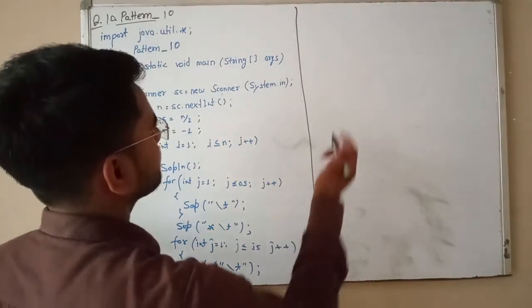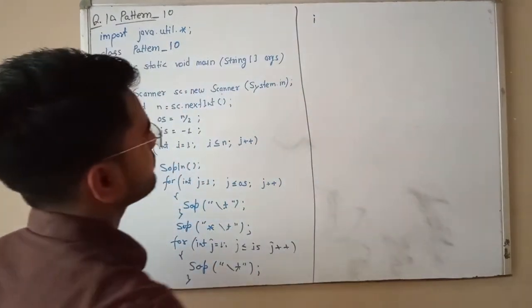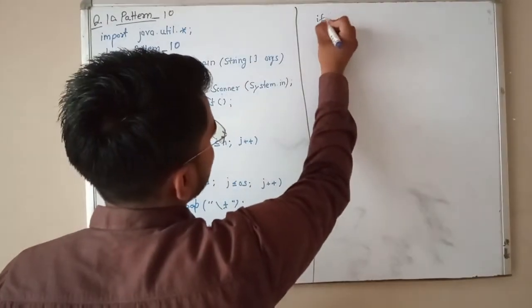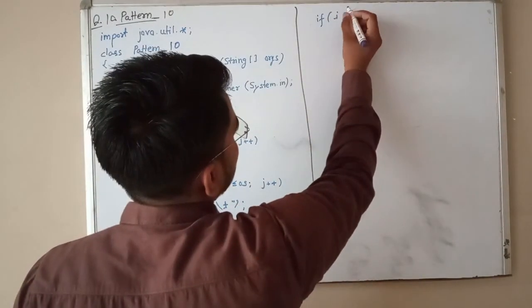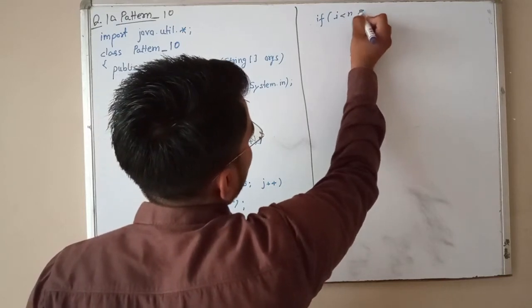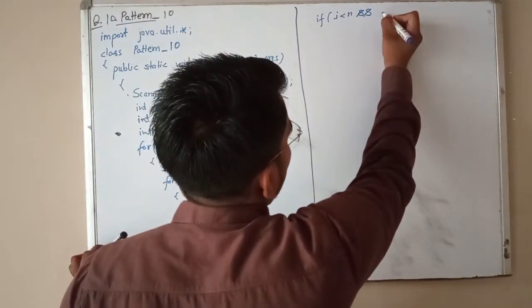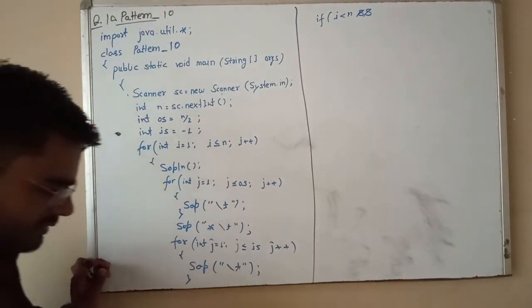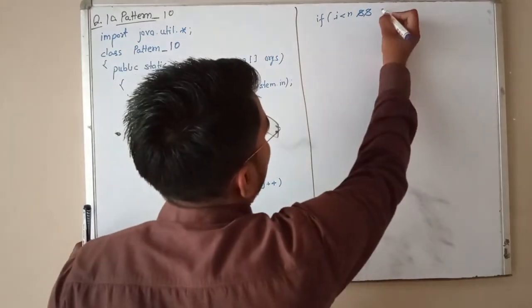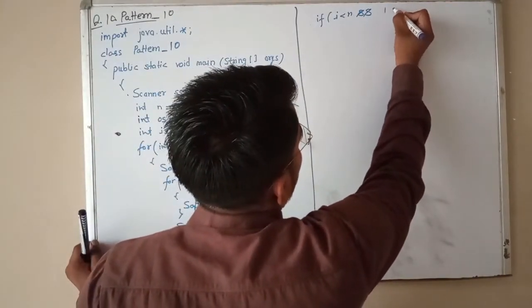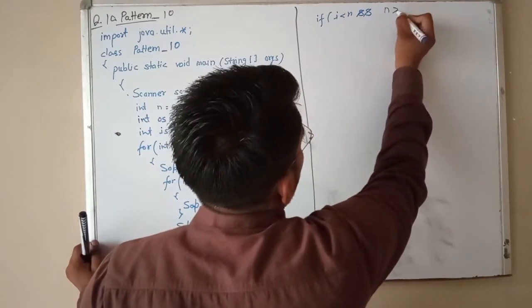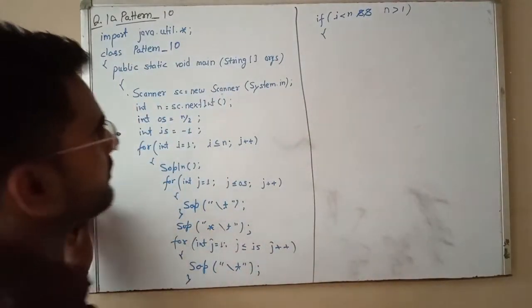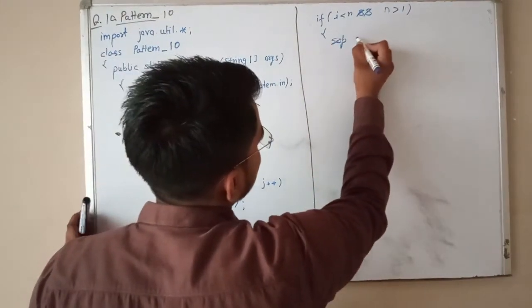Again, if i is less than n and n is greater than 1, if so print star again.